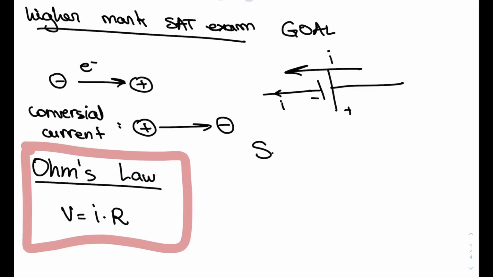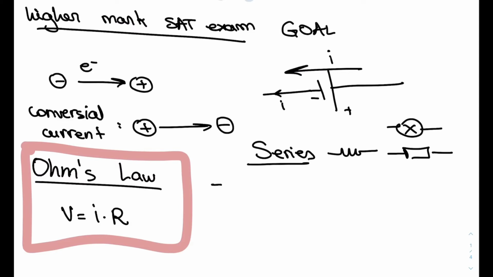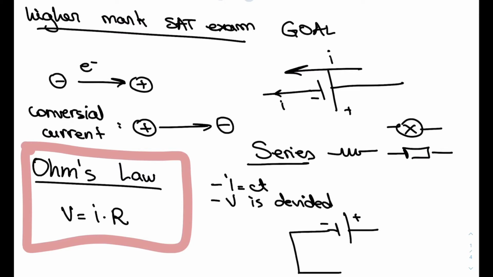We also have to know the difference between series, the resistors, which can be marked like this, or maybe general light bulbs or whatsoever. In this case, the current is constant and the voltage is divided. What we also need to know here in series: we have a battery, negative side, positive side. The current flows like this, from the positive side to the negative side.